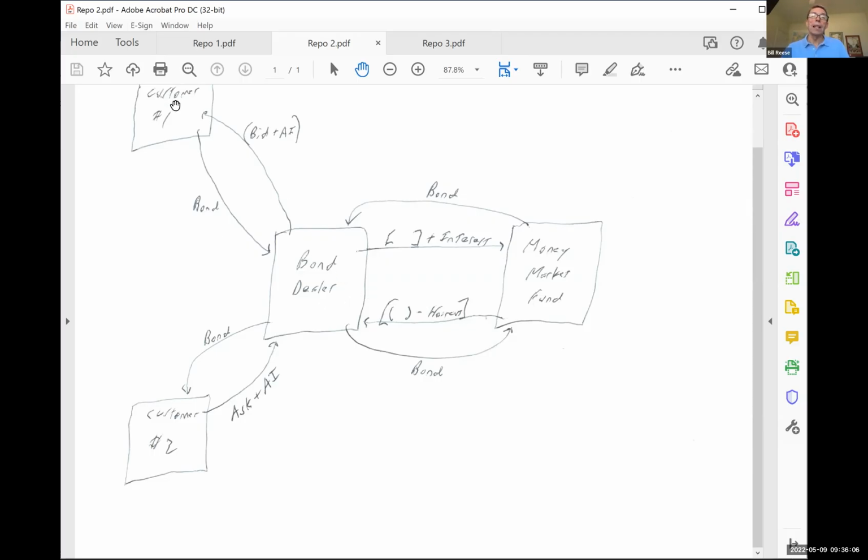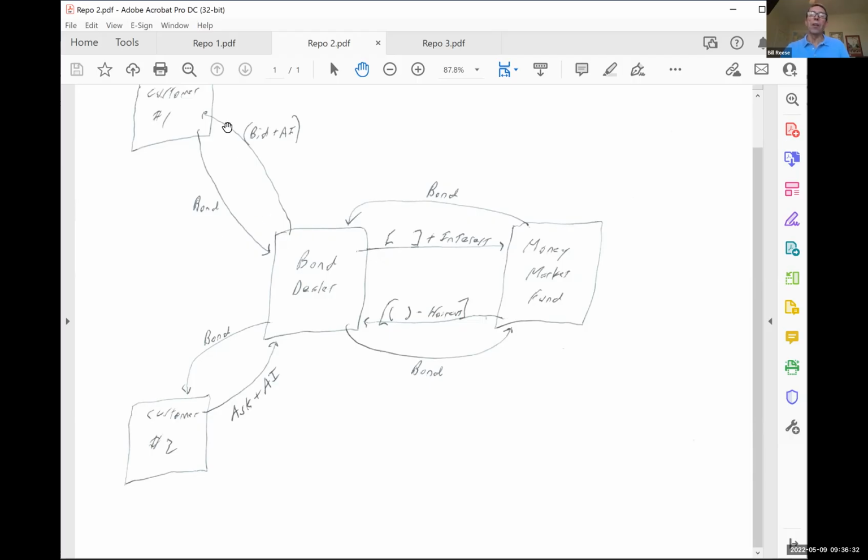So when the bond dealer is buying this bond from customer number one, remember I said that's really simultaneous with doing this first leg of the repo here. The bond dealer has got 99.5% of the money that he needs to send over to customer number one. The other 0.5% has got to come out of his pocket. Okay, so it's got to cost the bond dealer a little bit of something to be able to buy this bond.